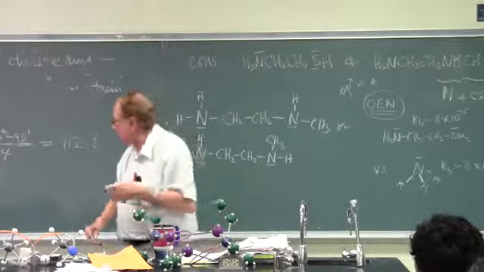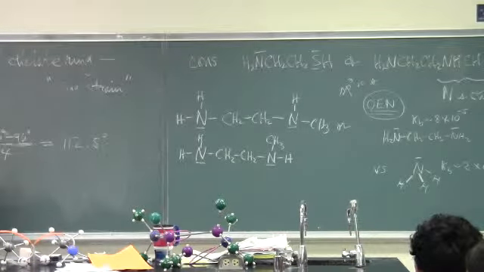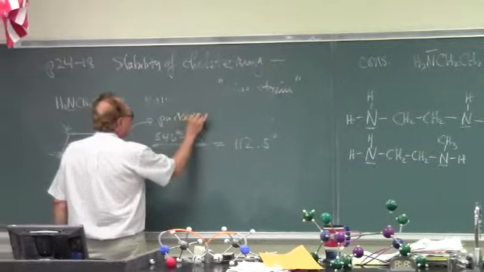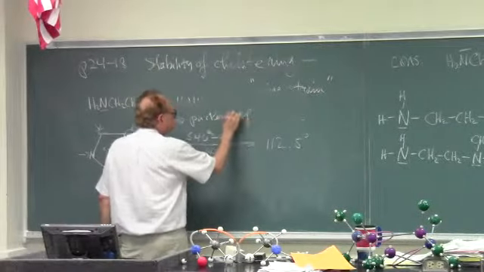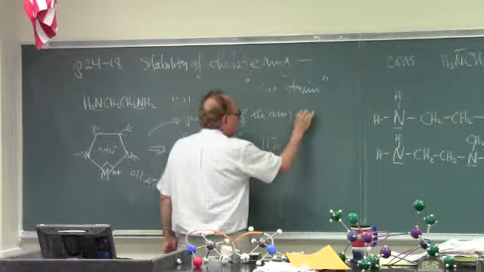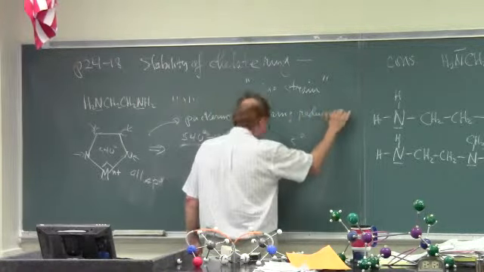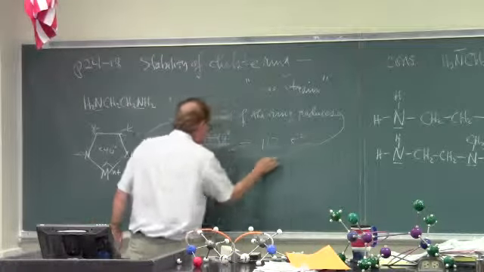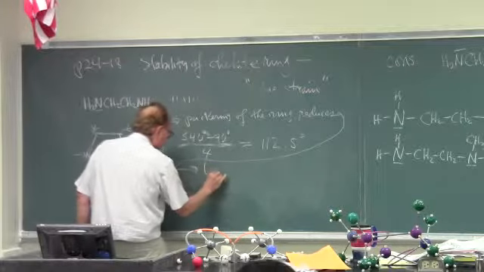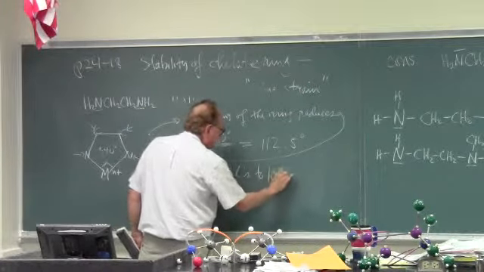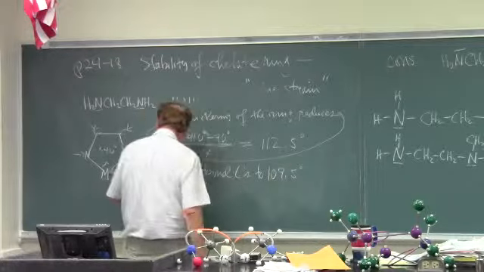So, we'll write down: puckering of the ring reduces bond angles to 109.5 degrees. Just right.